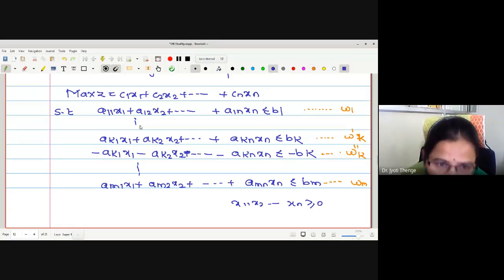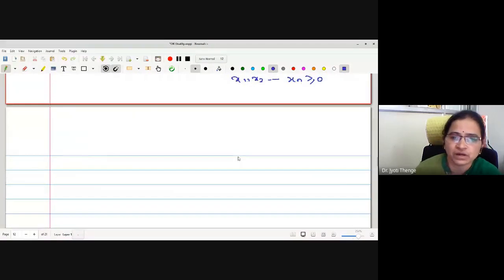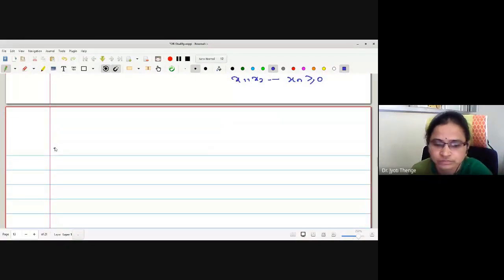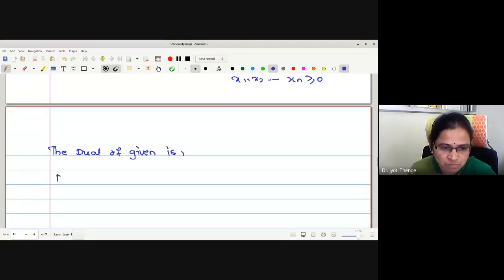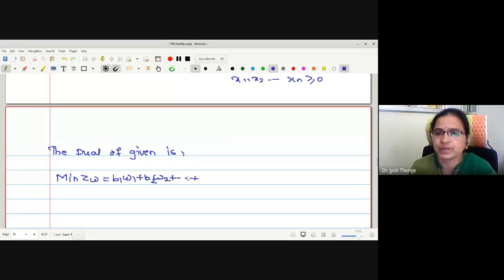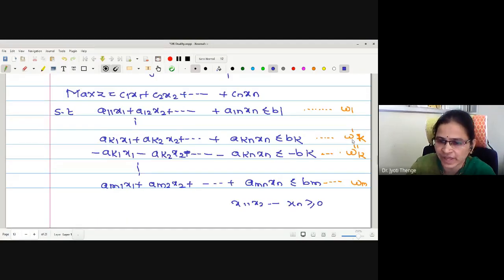Now I will write its dual. While writing the dual, what will be the objective function? Minimize z is equal to b1 w1, b2 w2, and so on till bk we have to go now: bk wk dash minus bk wk double dash.